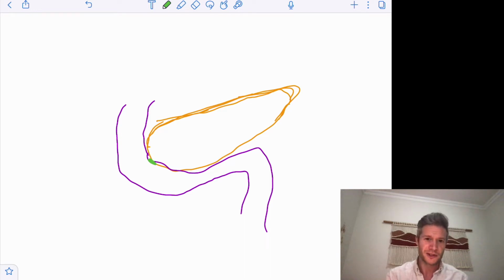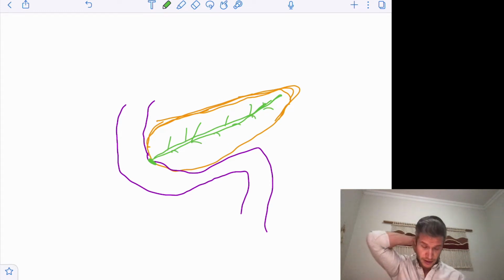Definitely giving a bit of a Star Wars vibe there. And the main part that we're focusing on would be the pancreatic ducts, right? And they just drain into the duodenum that way.